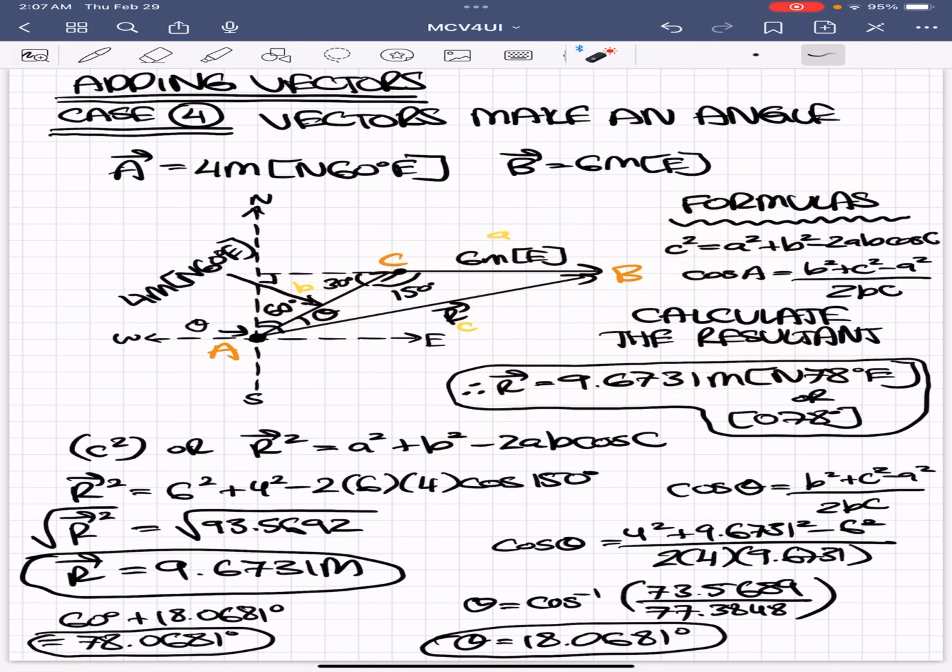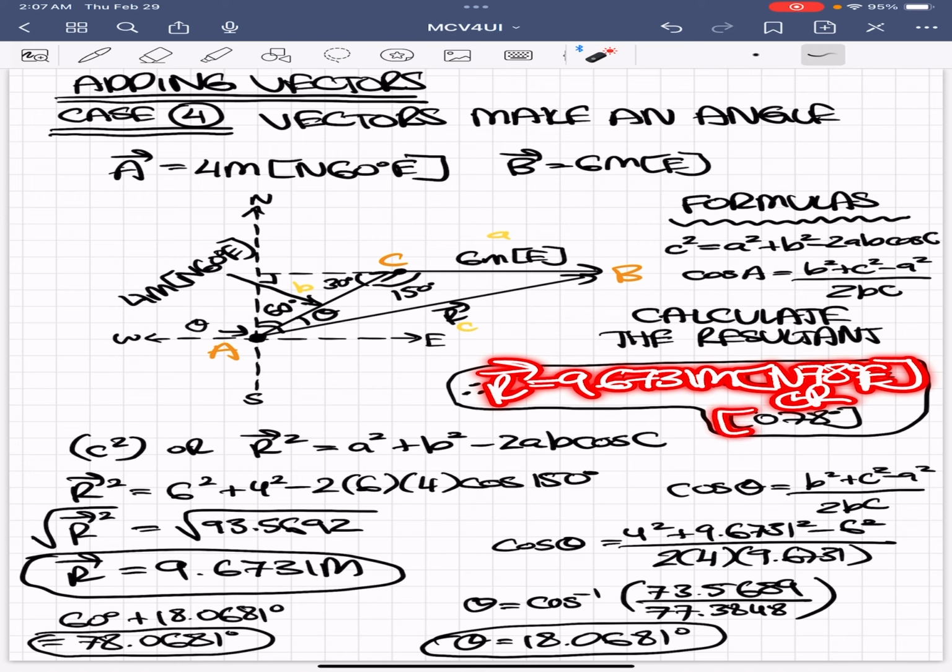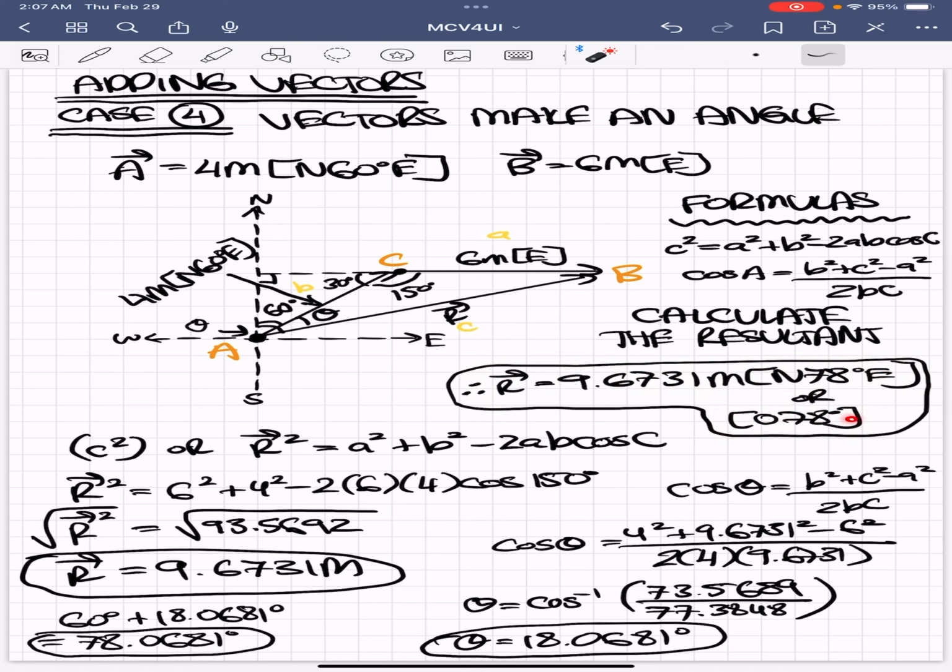Okay, so we got that angle, and that's our final angle. And we have our resultant with the magnitude, and then the direction. Remember, we just round to the nearest angle, or 0.78. And that's our answer.